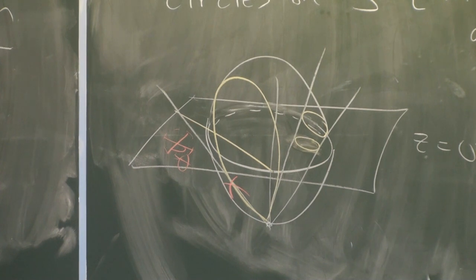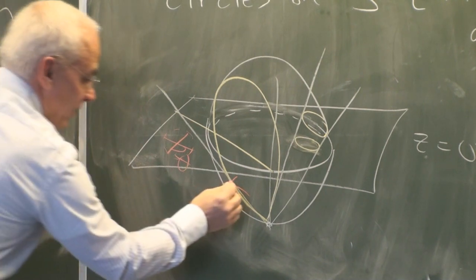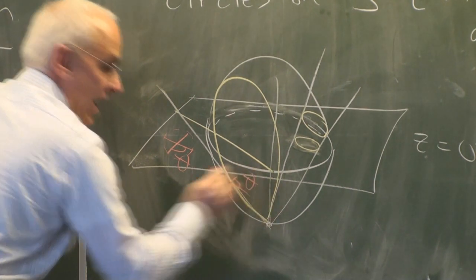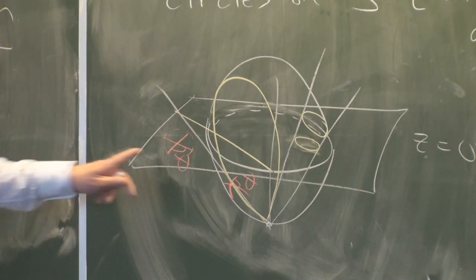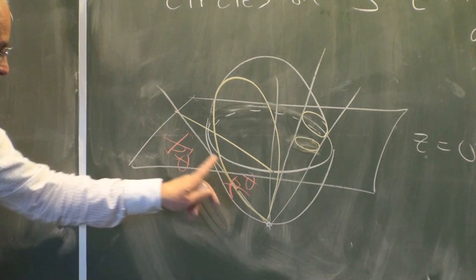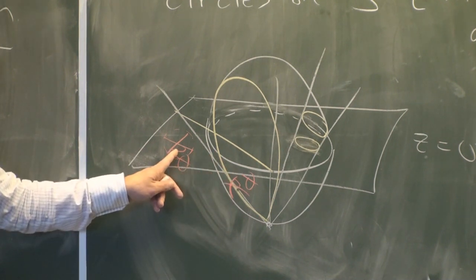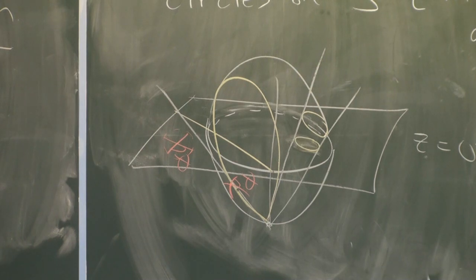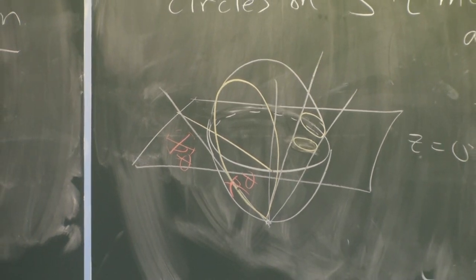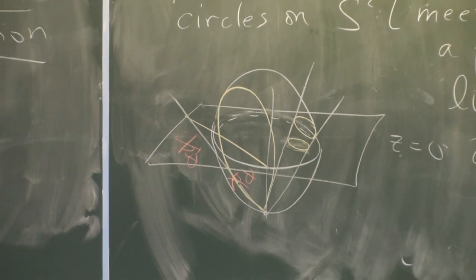Okay? But those two curved circles are going to meet tangentially also at some angle. And we're claiming that the angle at which these two circles meet is exactly the same angle that the original two lines meet. That's the conformal property of the stereographic projection.